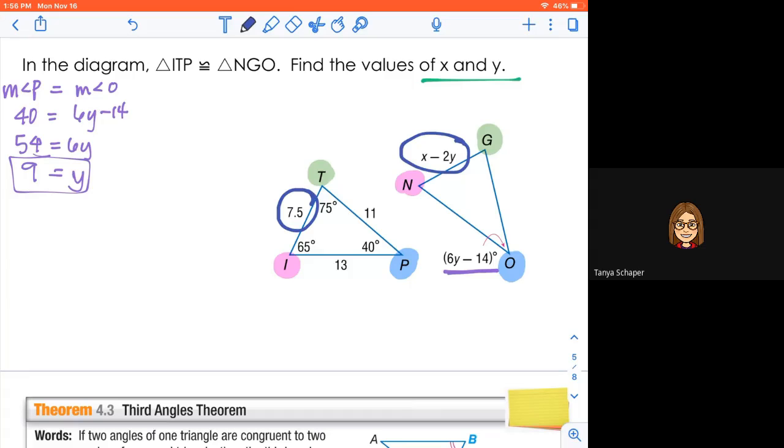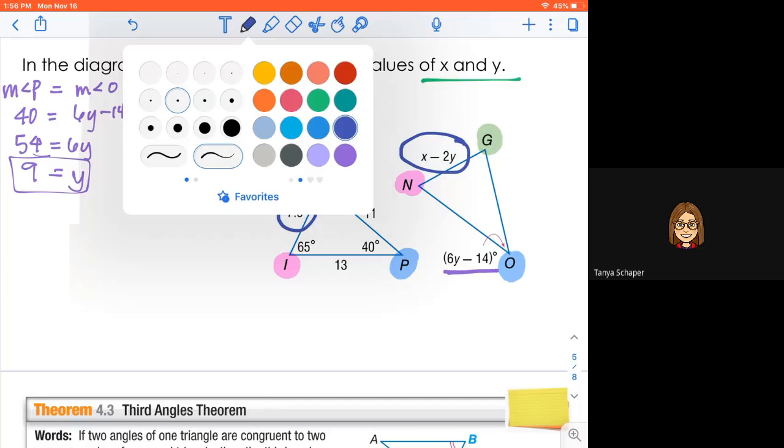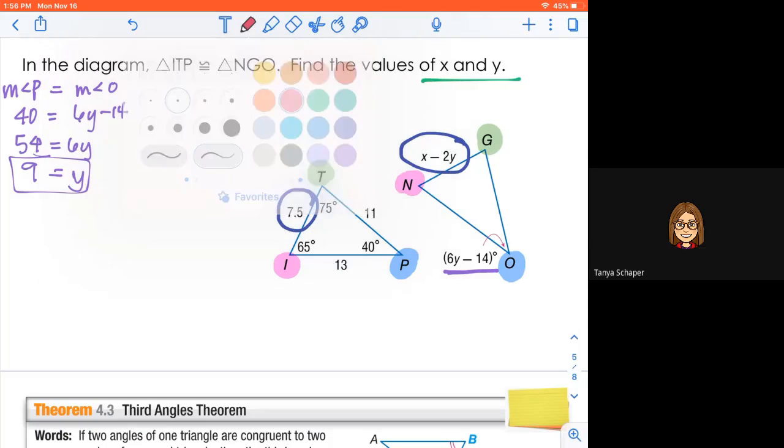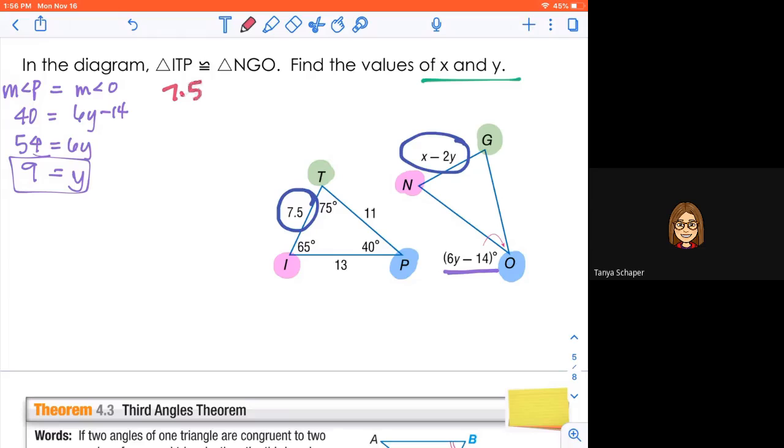Because again, the colors are helping me see which parts correspond, which for me is super helpful. So I'm going to say that 7.5 is equal to x minus 2y. Well, I know that y is 9, so 7.5 is equal to x minus 2 times 9. 7.5 is equal to x minus 18.